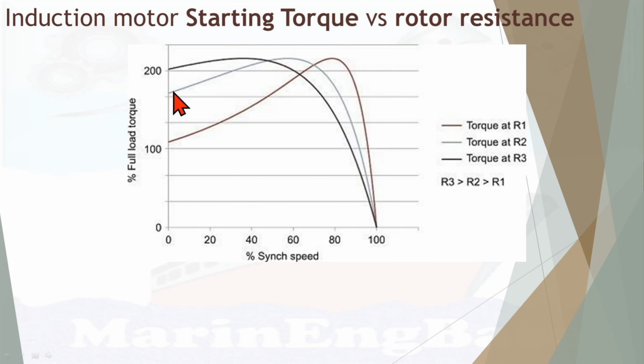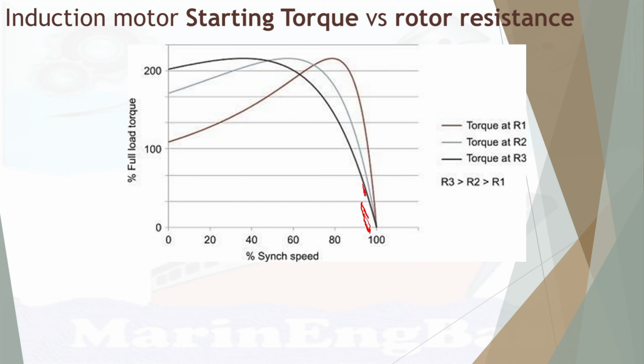The second one has R2, where the rotor resistance is somewhat higher, so it has good starting performance. Suppose your operating point lies on this line.